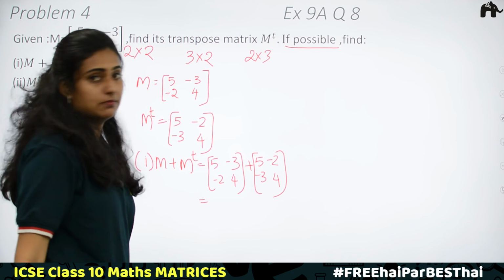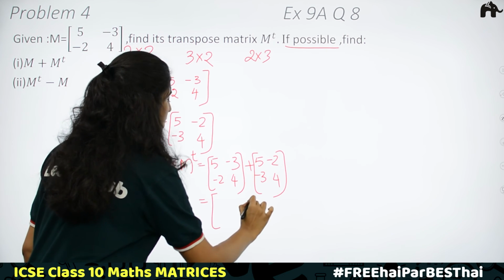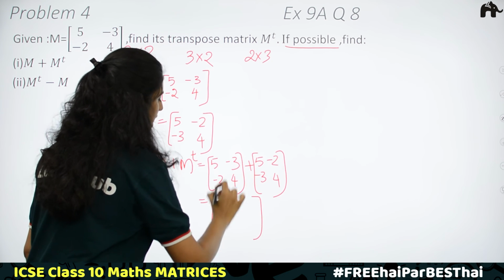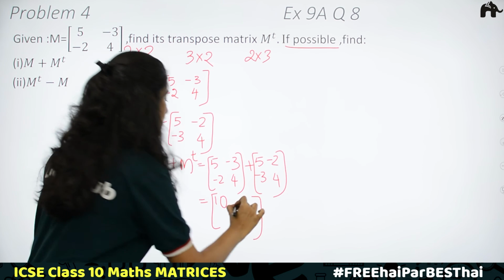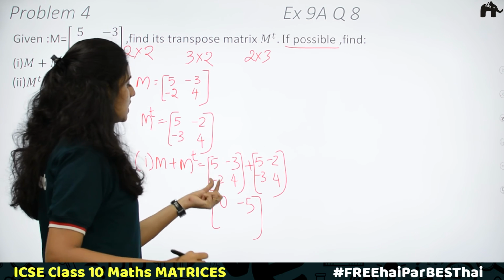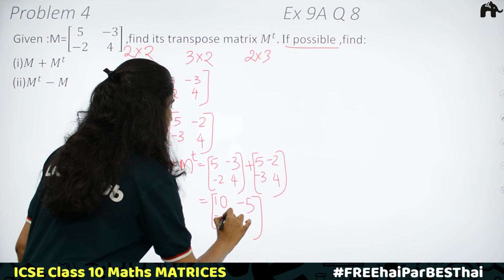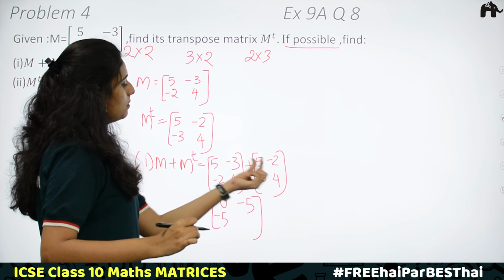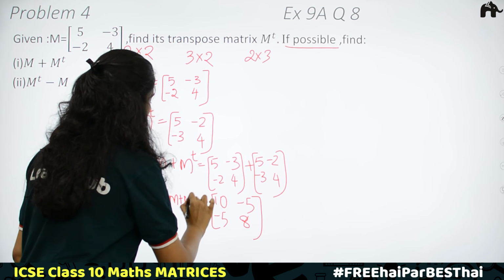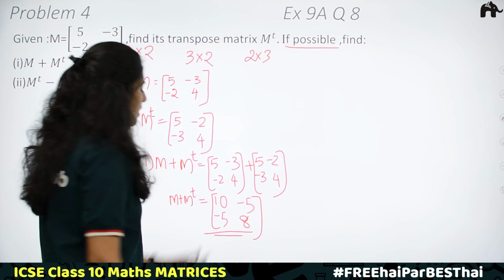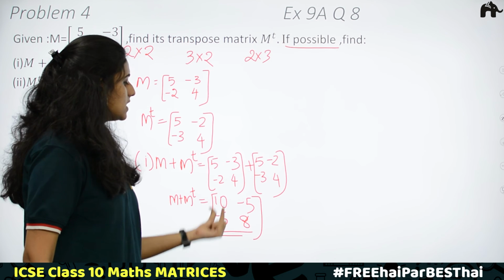When you add them, first elements 5 plus 5, 10, minus 3 minus 2, minus 5, minus 2 minus 3, again minus 5, 4 plus 4, 8. Okay, M plus M transpose is equal to 10 minus 5 minus 5, 8.